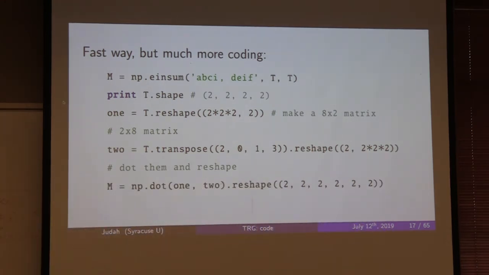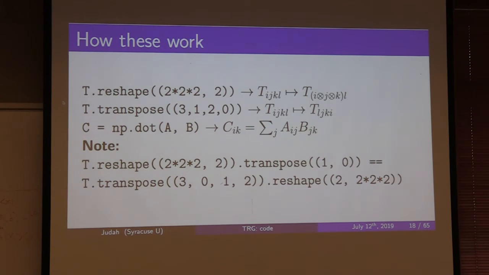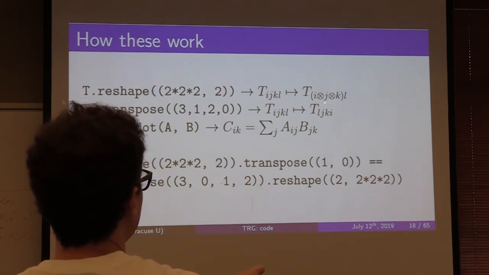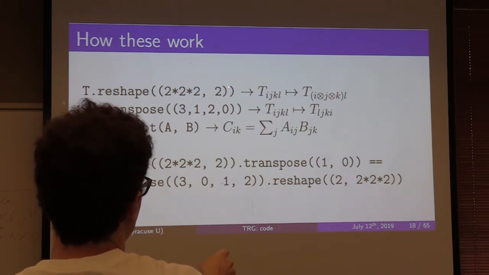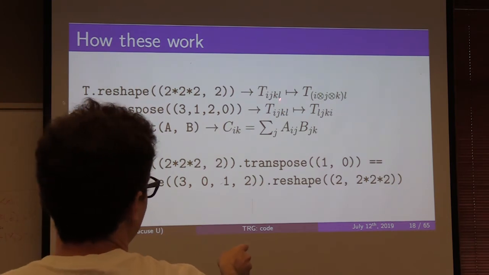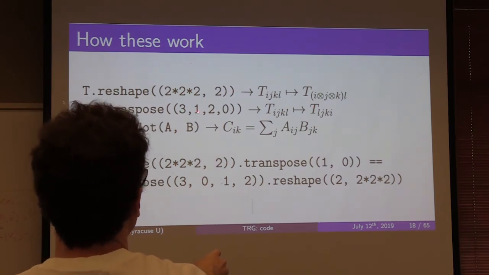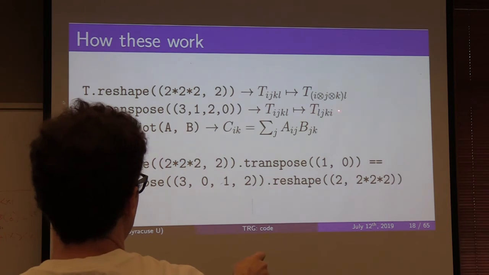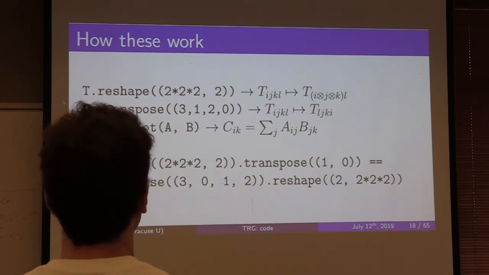Yeah, no problem. Okay, here's a brief cheat sheet about this. So reshape, what's happening in theory language. For instance, when you do this in Python, it's taking ijk and making a product state index, and I've left the last index all by itself. When you do transpose, here's what it looks like in the indices. So when I do this 3, 1, 2, 0 on ijkl, this is what happens. It moves the third index to the front and the 0th one to the back, and leaves the middle 2 alone.